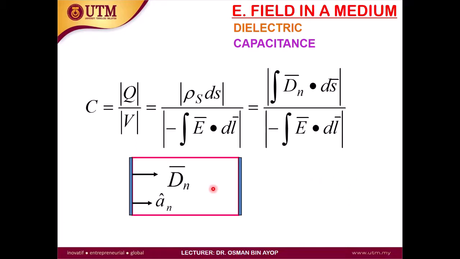So inside our capacitor, there will be the D field, with n the unit vector normal to the surface. For the case of a spherical capacitor or cylindrical capacitor, the normal vector is in all directions because the surface is normal to all directions.